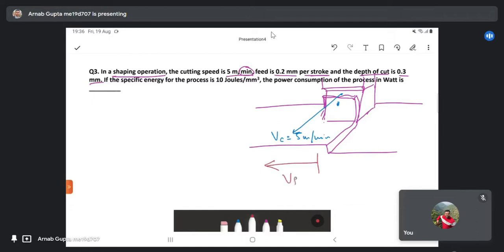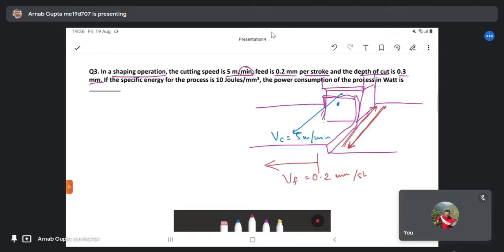So that is 0.2 mm per stroke. So this motion, it is the forward stroke, this is the backward stroke. Cutting operation is in the forward stroke, and the tool just retracts without cutting in the backward stroke.